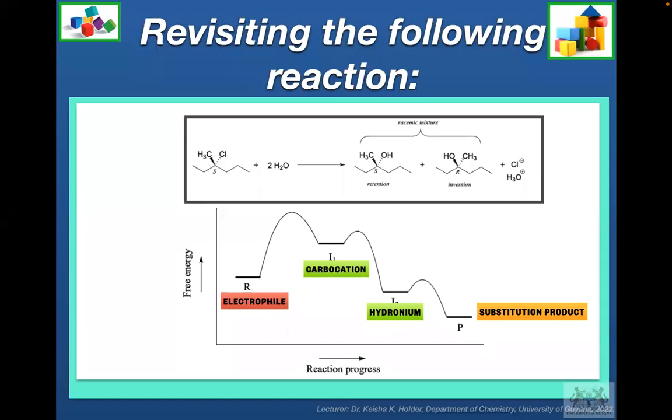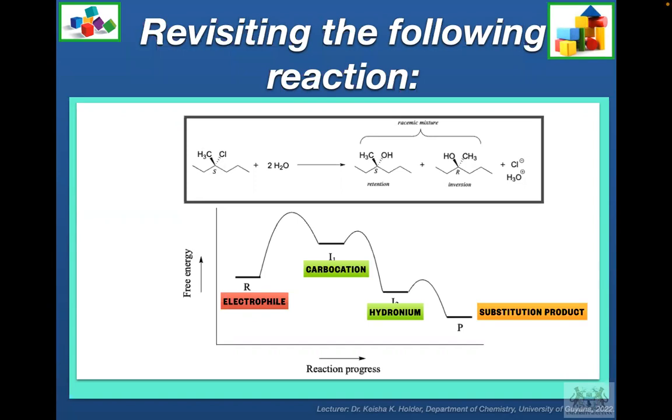Then as the reaction progresses, we get to the hydronium species. It is lower in energy than our carbocation and at times our electrophile. And of course, finally, our product is the substitution product. And it is expected that it will be at a stable enough state that it is energetically accessible.